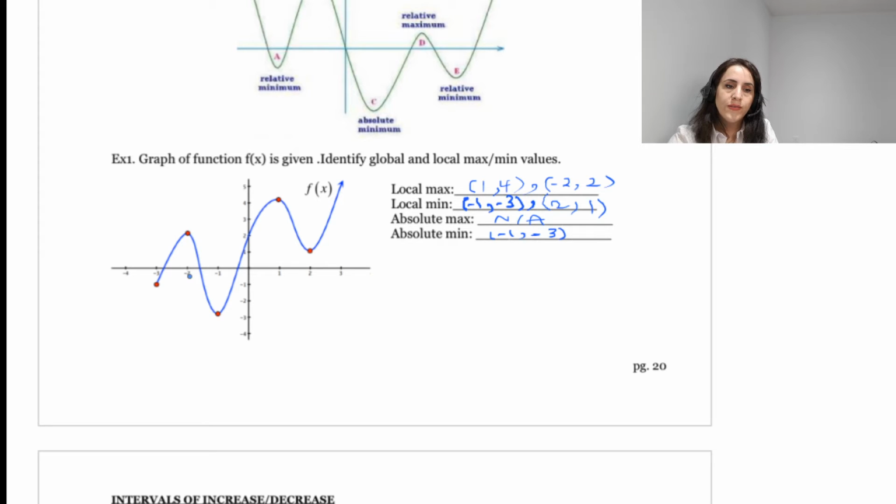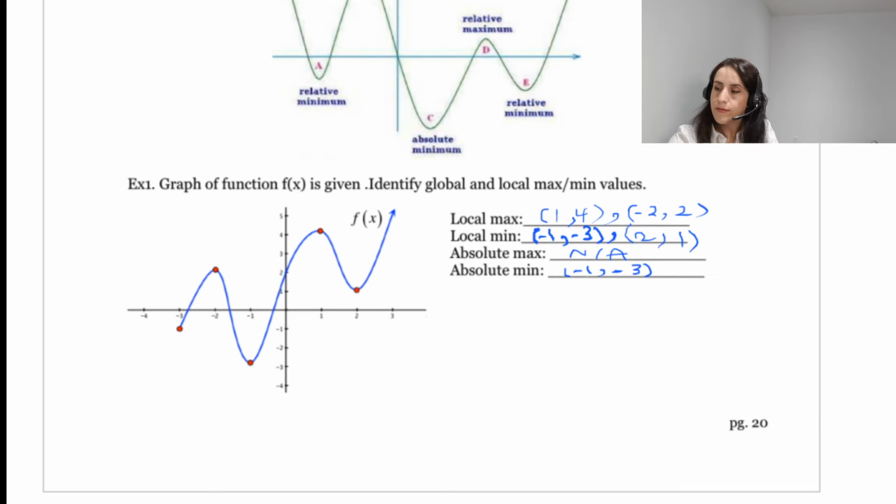I'm going for the next point. -2 and 2 is my next point here. -2 and 2 is a maximum. Yes, because along its neighborhood it is higher than another point. It's a maximum. But let's see if it's an absolute.